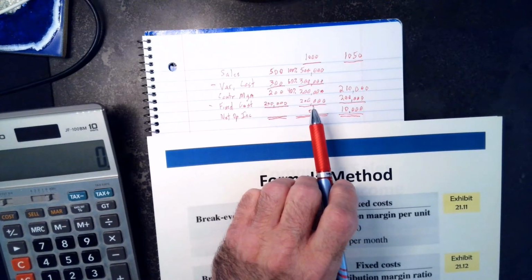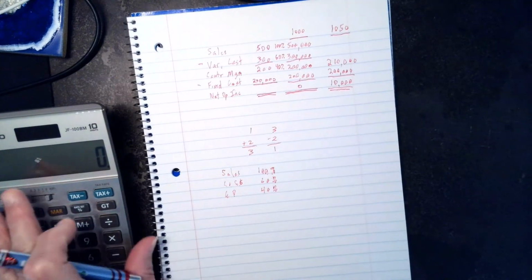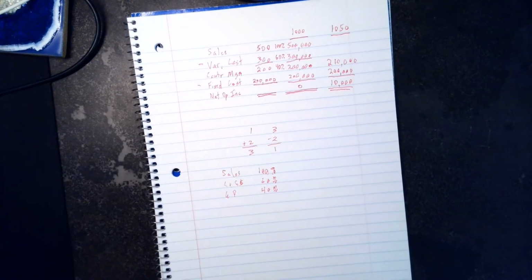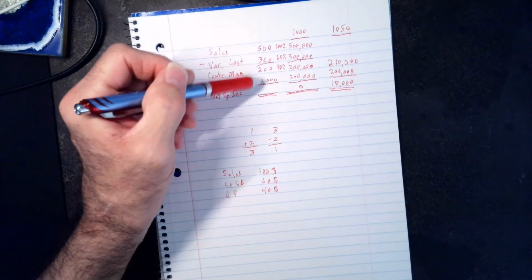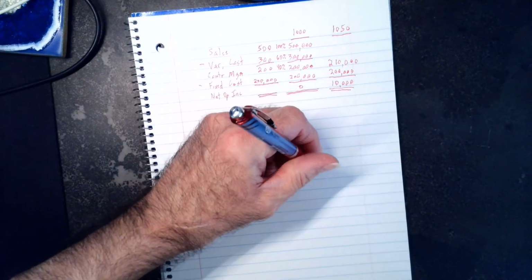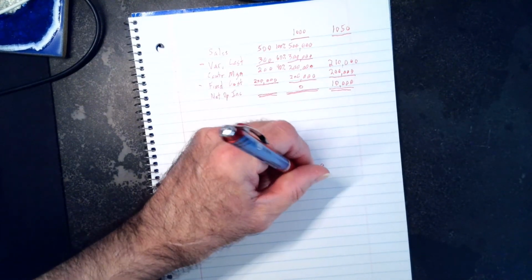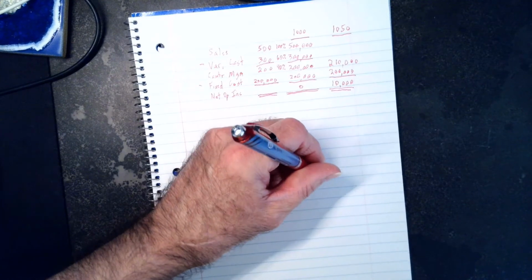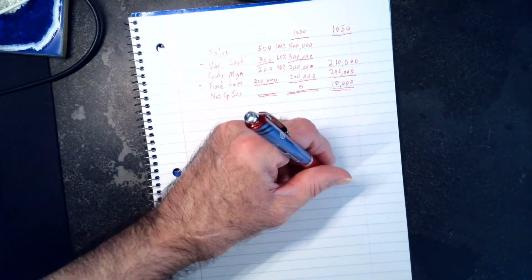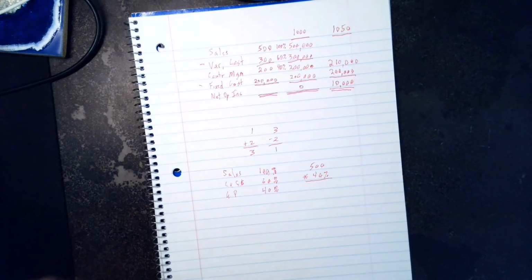Okay, now you probably don't believe me, all right? So I'm going to prove it to you mathematically. I'm going to just look at this one over here. If I take 500 and I multiply that by 40%, I get what? 200.